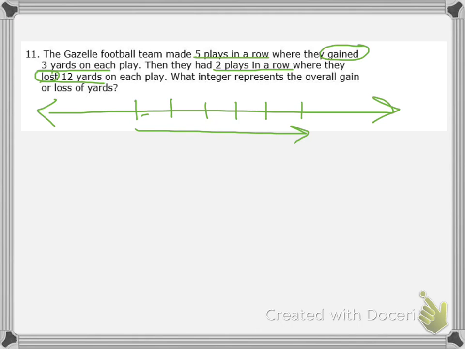So each time they gained 3 yards. So we could do repeated addition, do 3 plus 3 plus 3 plus 3 plus 3, or we could just multiply 5 times 3 and we get 15 yards. So they gained 15 yards.